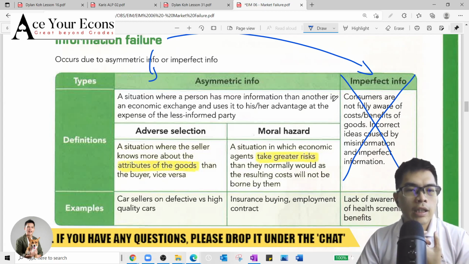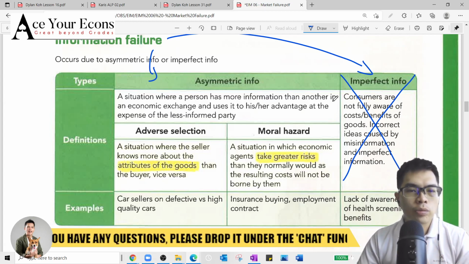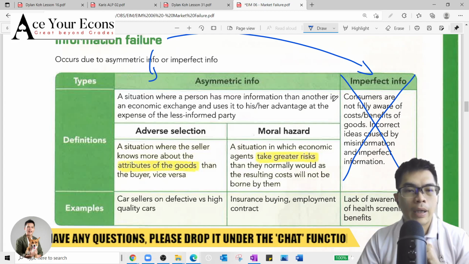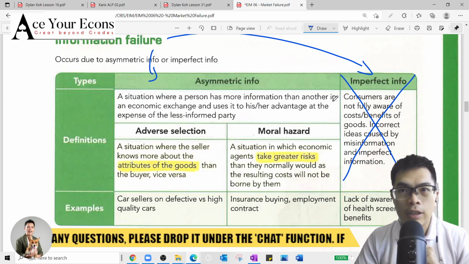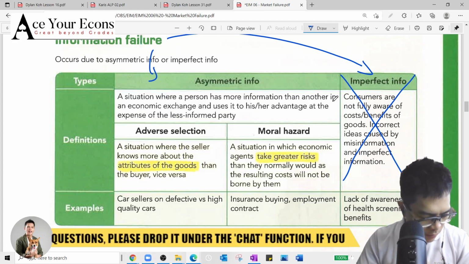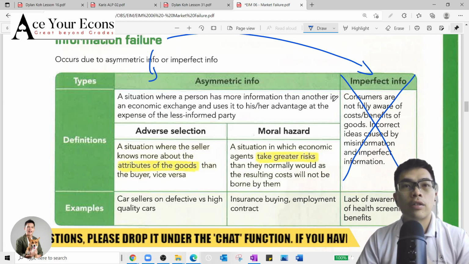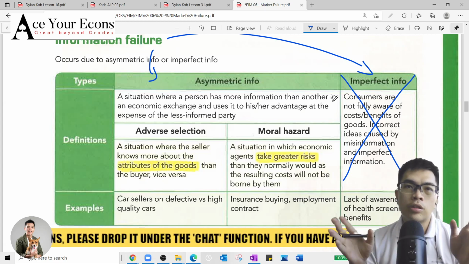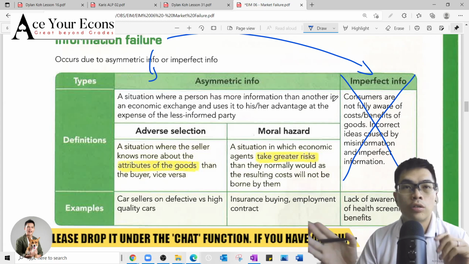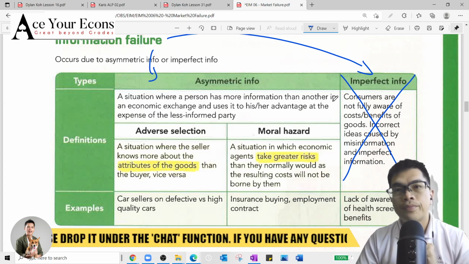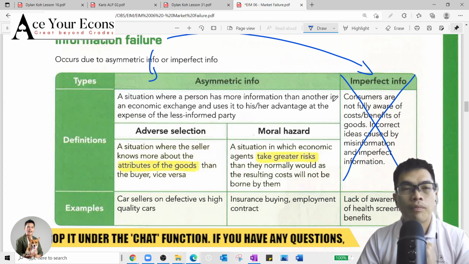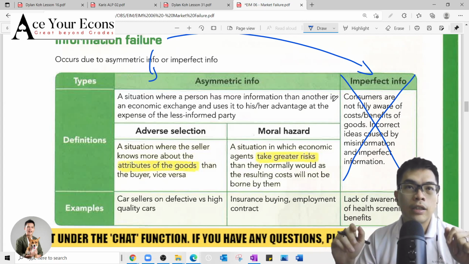You can see a situation where the seller knows more about the attributes of the good than the buyer. Vice versa. What does vice versa mean? Either way, so it's not one-sided. It's not producer to consumer only. The consumer can have more information.